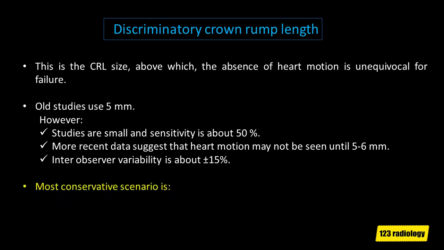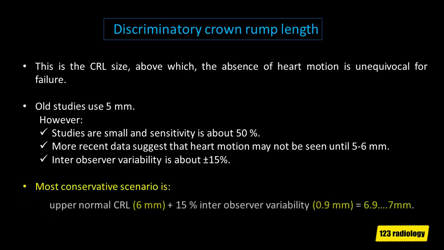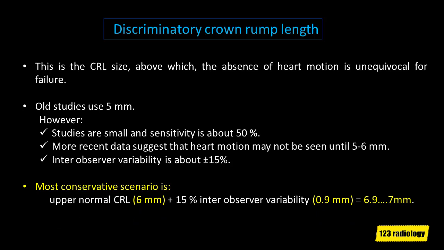15%. So, in the most conservative scenario, the upper normal crown rump length is 6 millimeters, plus 0.9 millimeters, which is the 15% inter-observer variability. The sum will be about 7 millimeters.